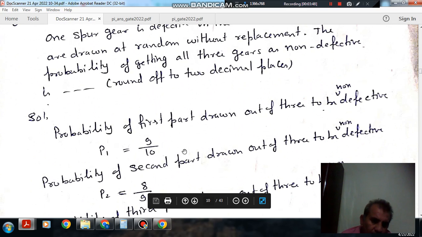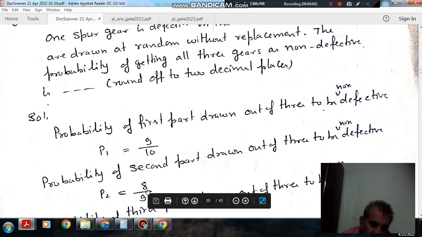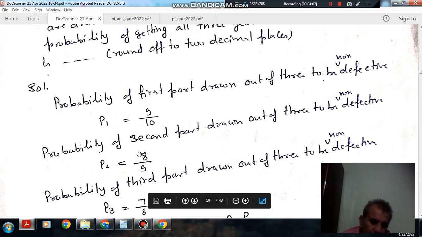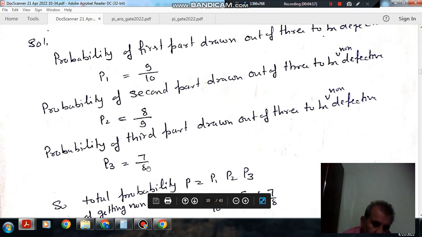Okay, so when one has been drawn, 9 has been left, and the probability of the second gear drawn to be non-defective, because we are assuming that the first was non-defective, so the defective is still left, will be 8 by 9, and similarly the probability of the third gear drawn to be non-defective is 7 by 8.